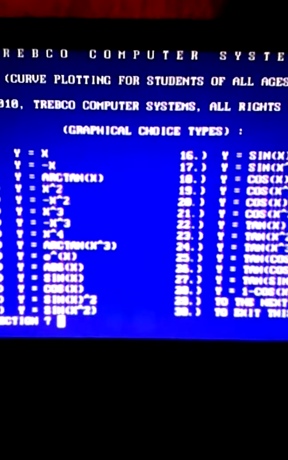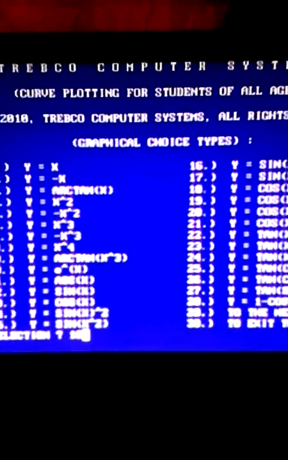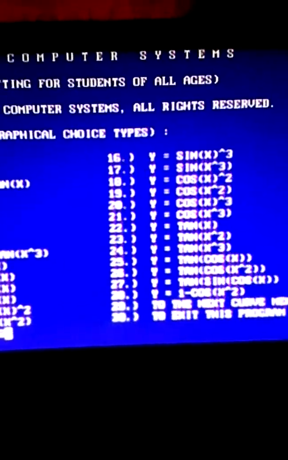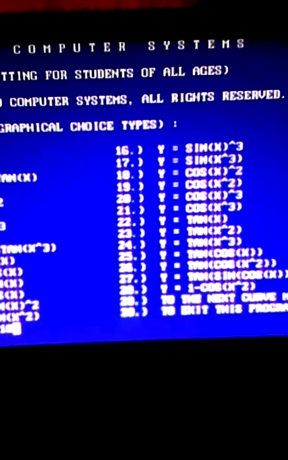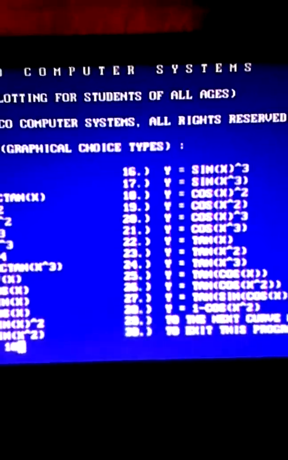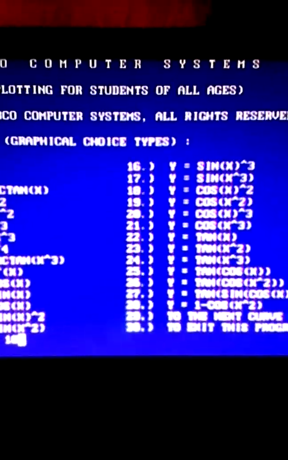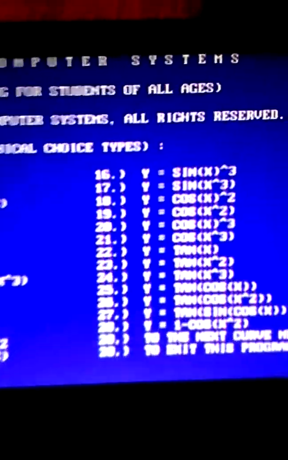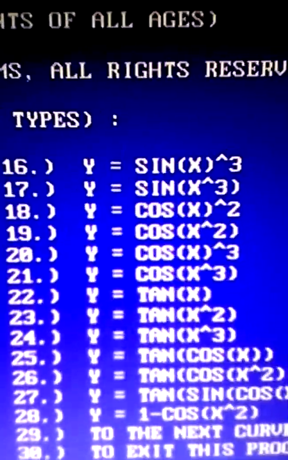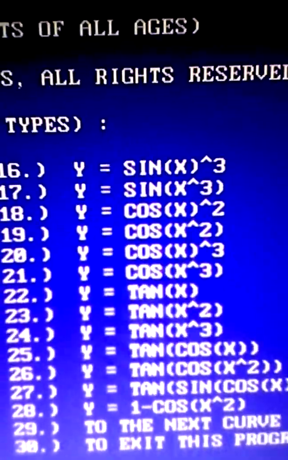I got a question for you guys. We're going to look at one function. We're going to look at item number 16. Y is equal to the sine of x cubed.